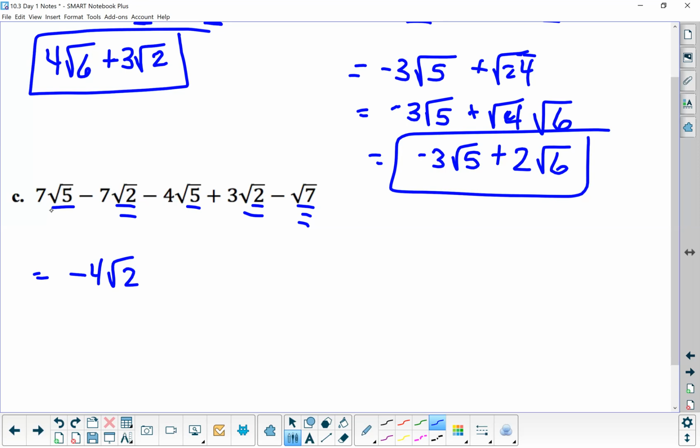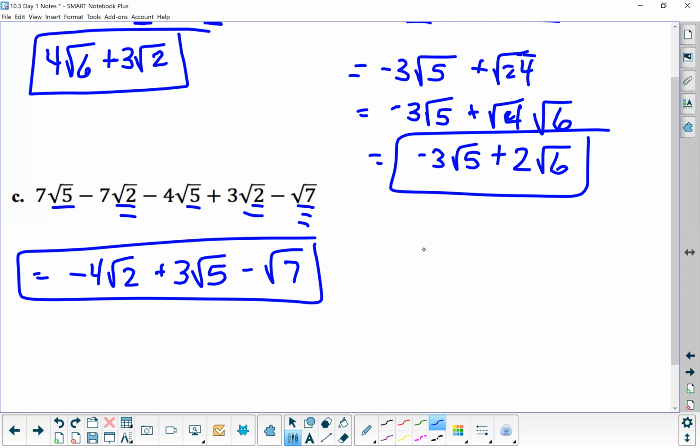Seven minus 4 is plus 3 root 5. And then the square root of 7, we just have the one term that has a square root of 7, so minus the square root of 7. 2, 5, and 7 are all 3 prime numbers, so we cannot simplify any further. That would be our final answer.